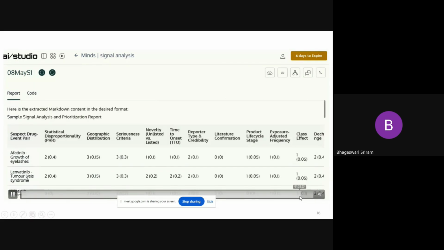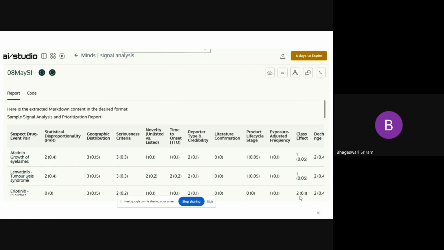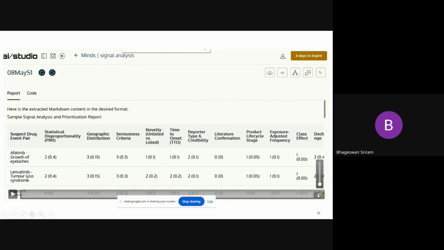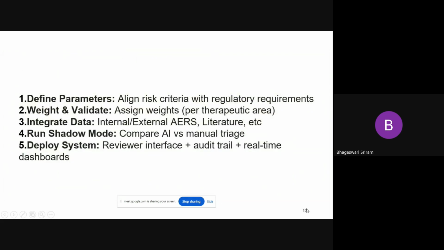AI is never going to replace or supplement a medical review. It facilitates your job. Rather than applying multiple filters and looking for the information, it's going to bring all the information onto your platter. So I look at it as an enabler. And even the regulations always talk about bringing the human in the loop of the assessments. So this could definitely be a potential area where we could leverage agentic workflow.